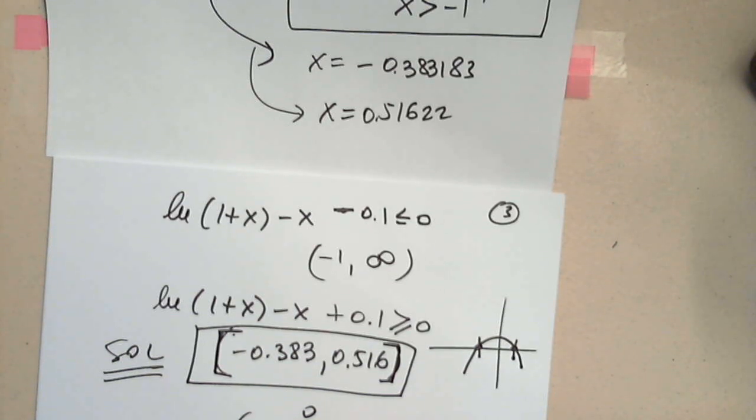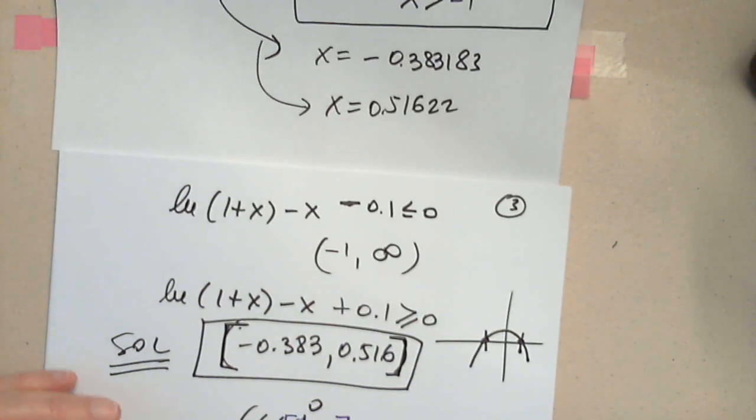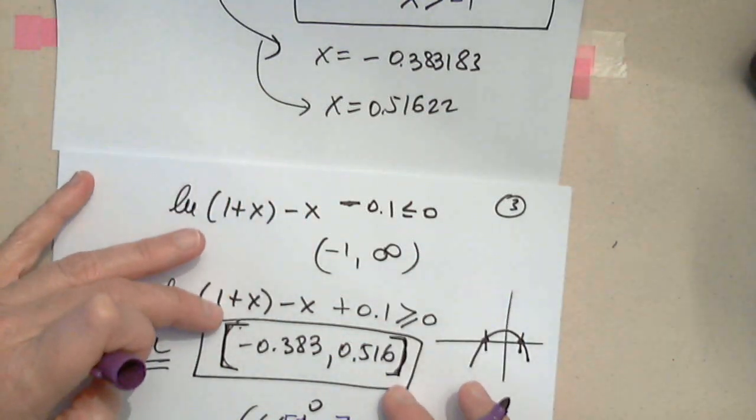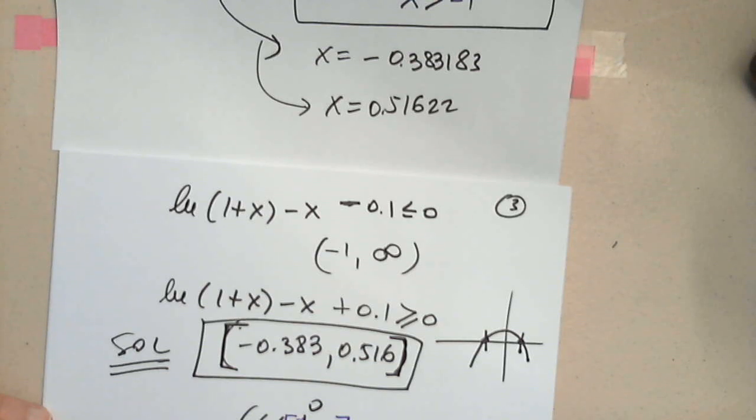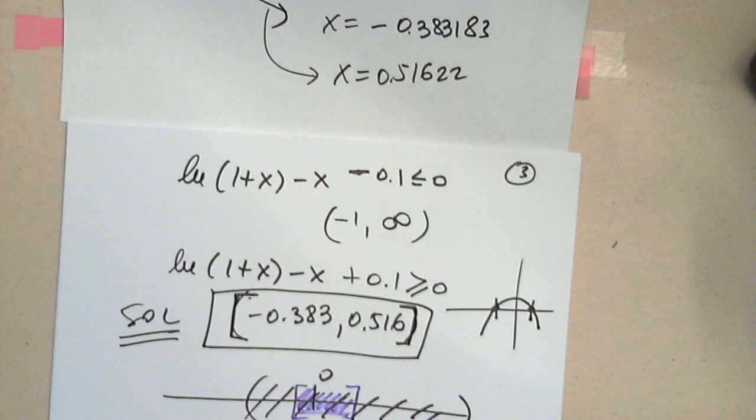If I use brackets, that's why you see that these two have to happen at the same time. And they will happen at the same time only here, between -0.383 and 0.516. So that's why the intersection of these two is this one.